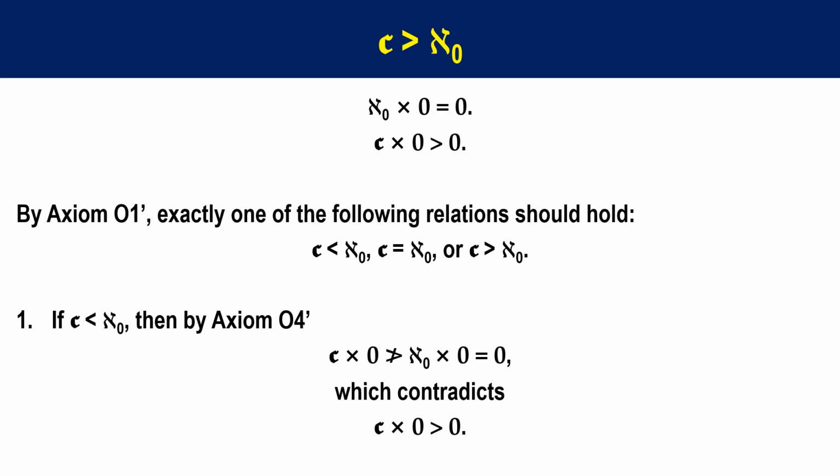If C is smaller than Aleph null, then by axiom O4 prime, C multiplied by 0 is not larger than Aleph null multiplied by 0, which is 0, which contradicts C multiplied by 0 is larger than 0.